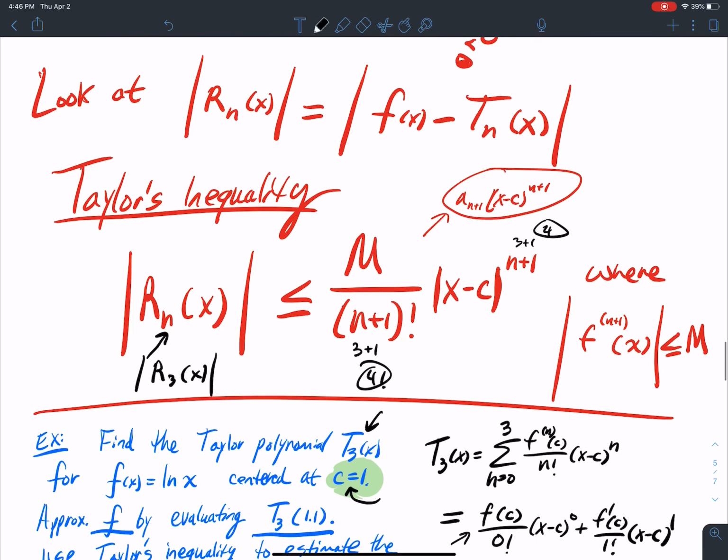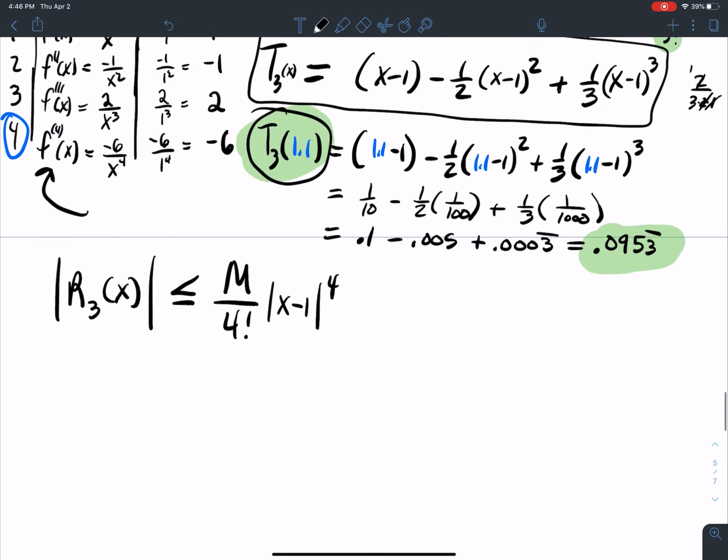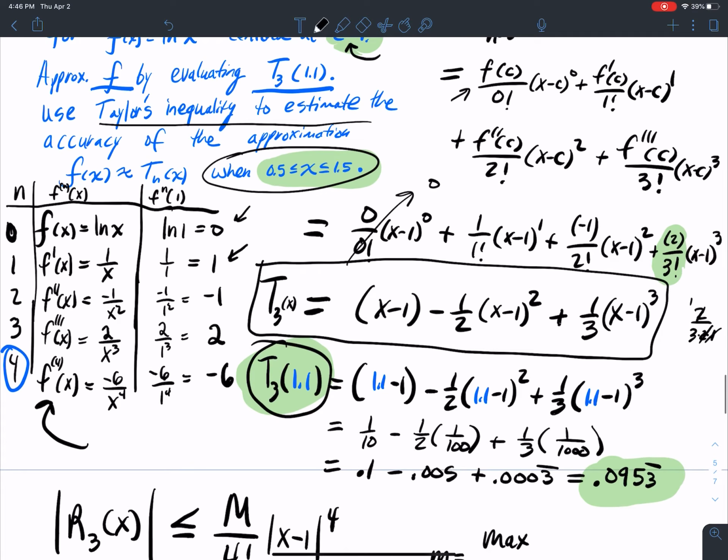So what's going on? M is going to be the maximum. It's the max on what interval? What interval do I care about?